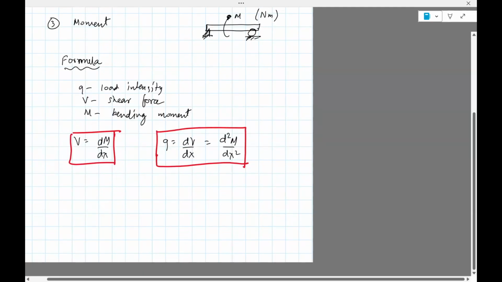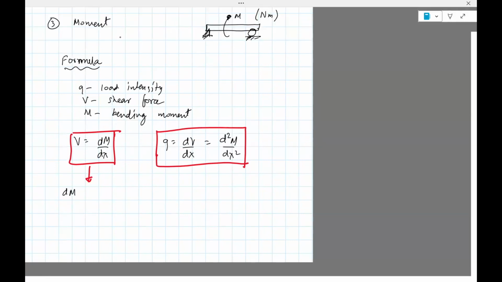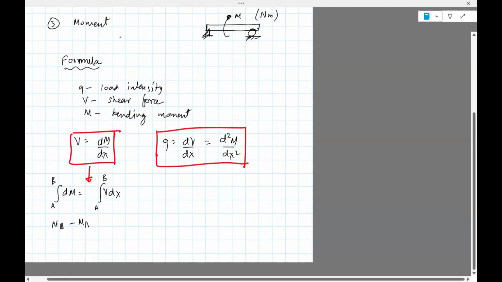Okay, now you could integrate this equation to get dM equals V dx. You could integrate this from, let's say there's two sections of the beam, A and B. So left hand side, we have M_B minus M_A is the integral from A to B of V dx.